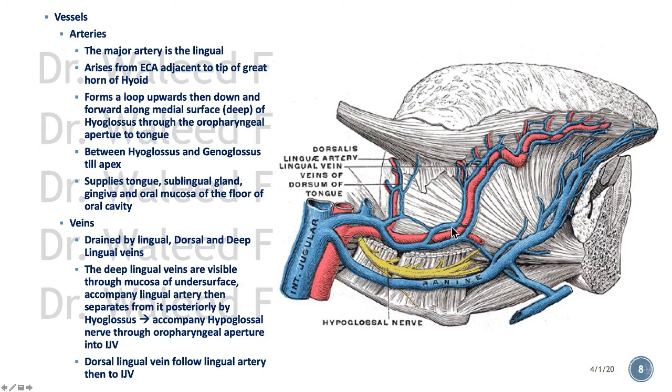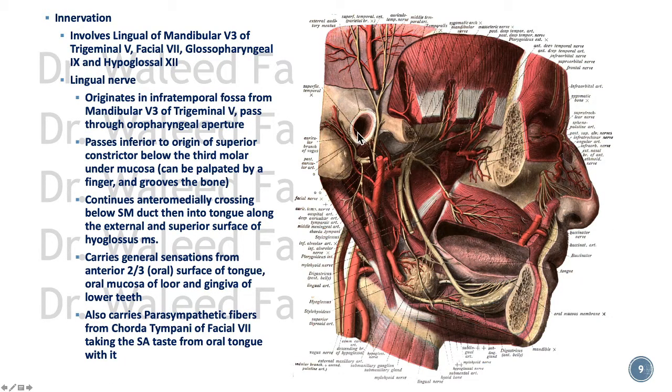Okay? The innervation comes also from the lingual nerve. Lingual nerve is a branch of the mandibular nerve, actually a branch of the posterior division of the mandibular nerve.